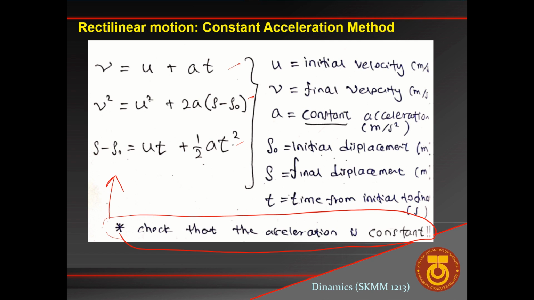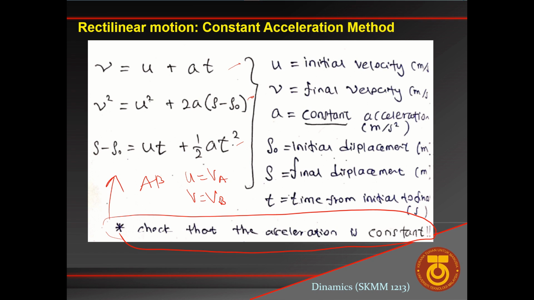So u is the initial velocity. If you analyze from point A to B, u will be the velocity at point A, and v is the final velocity, which will be the velocity at point B. It depends on the situation.